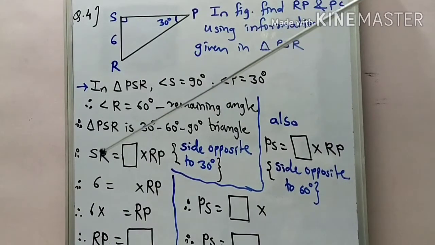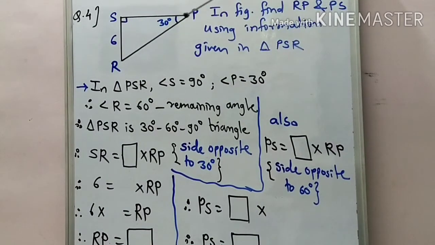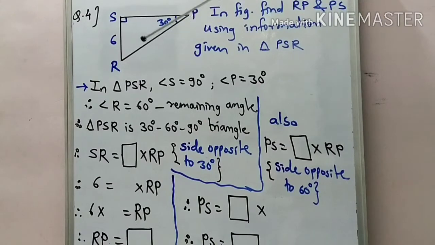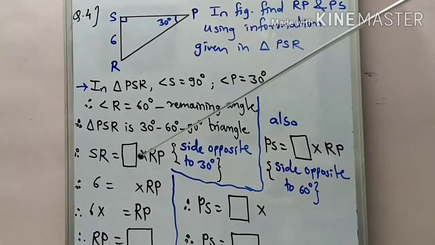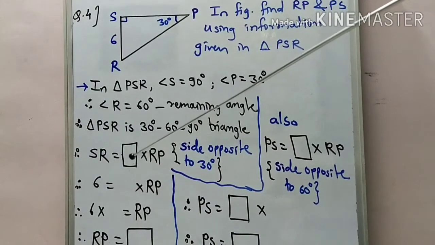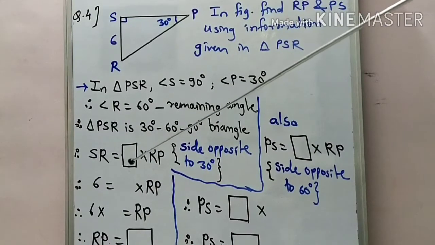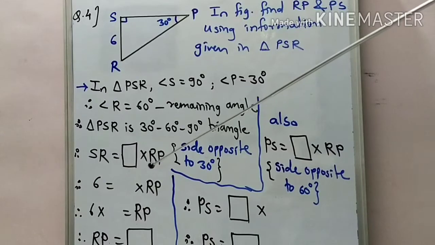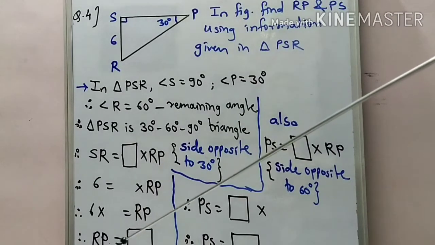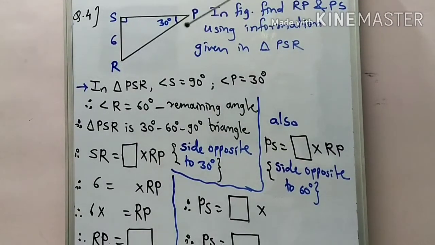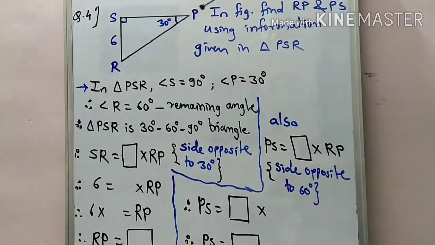Side SR is half of the hypotenuse, and here RP is the hypotenuse, because RP is opposite to 90 degrees. So we substitute: 6 equals 1 upon 2 into RP, and as we simplify it, we get RP, the hypotenuse length.